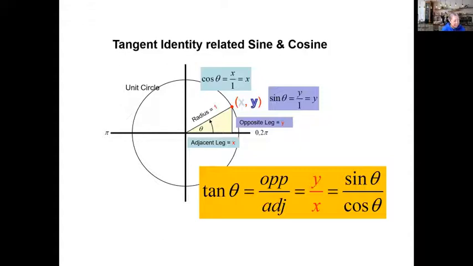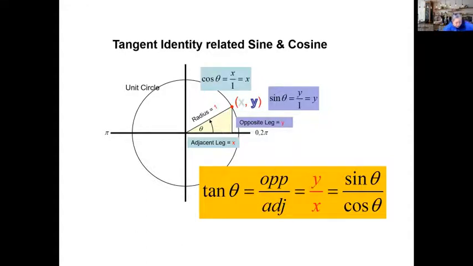So instead of the ratio of opposite leg over adjacent leg, that's also going to be the y coordinate over the x coordinate. And we also know the y coordinate is the exact value of sine of the angle, and the x coordinate is the exact value of cosine of the angle.